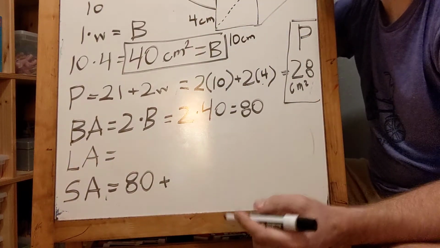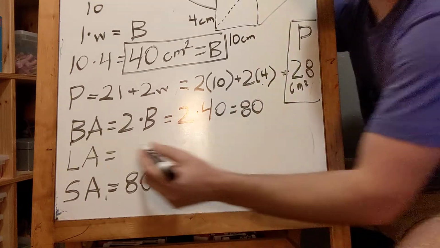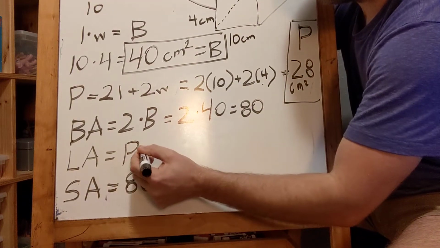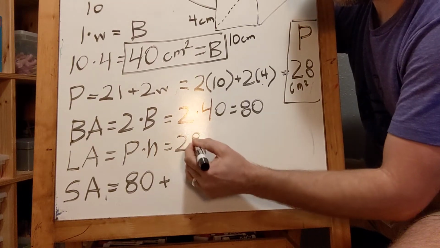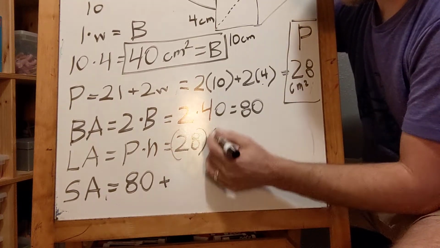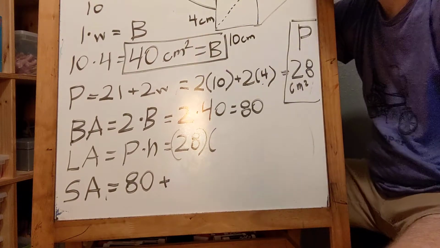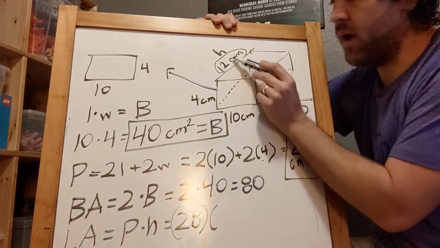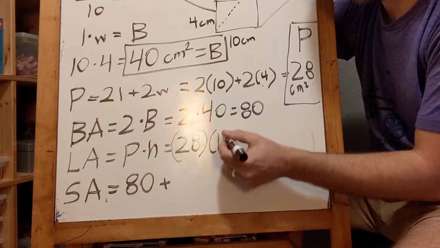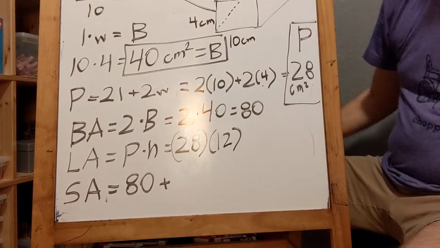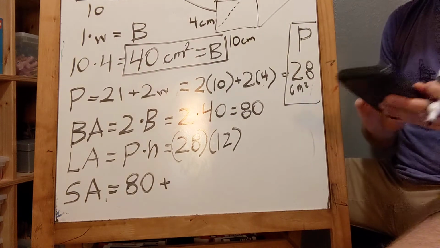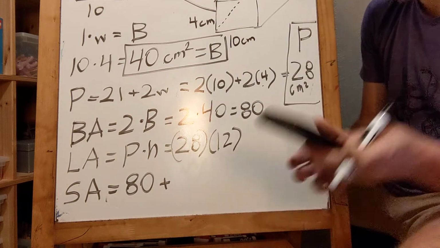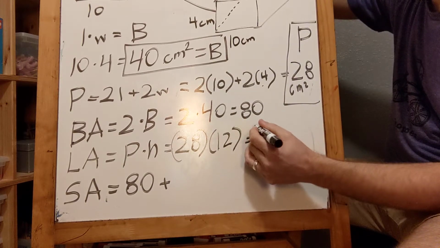The lateral area, again, use your notes to do this, is the perimeter times the height. Our perimeter was 28, and we're going to multiply it times 12. The 12 is the H that we're using. I'm going to calculate that real quick. 28 times 12 is 336.